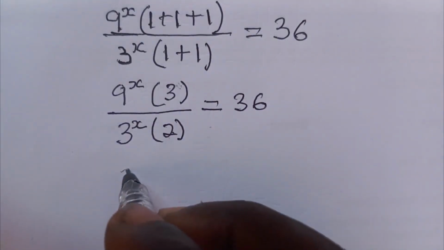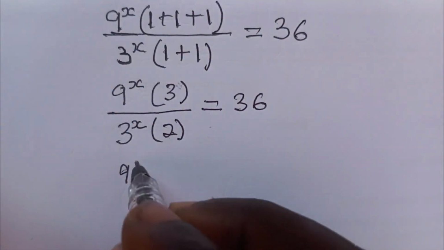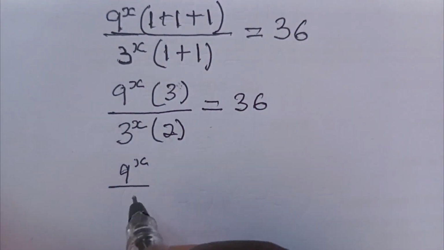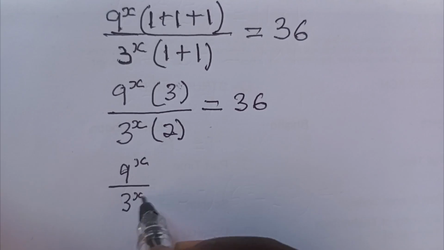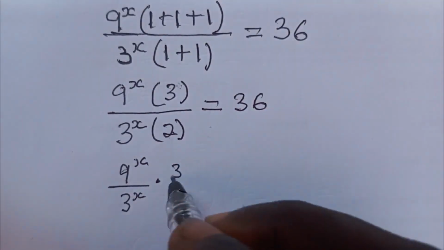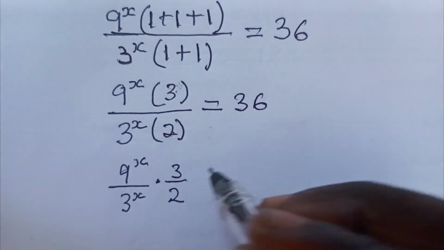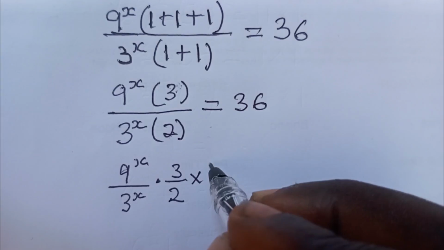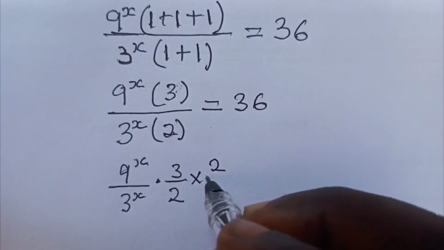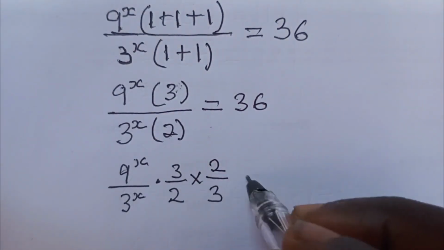So to do that, we write 9^x divided by 3^x times 3 divided by 2. This 3 divided by 2, we multiply by the inverse, which is 2 divided by 3.